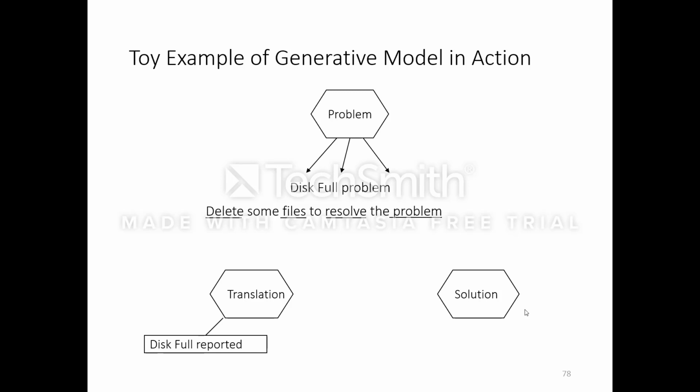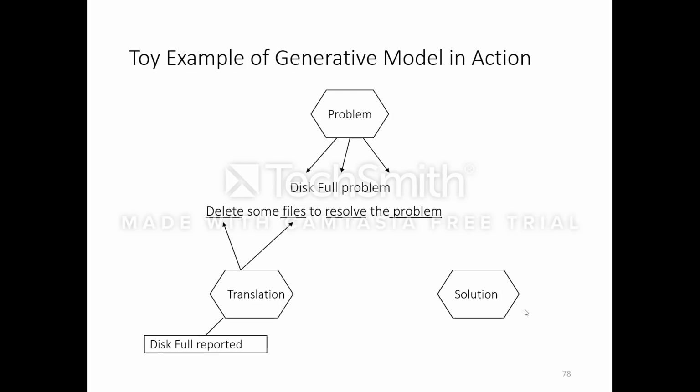And you have these two sources of words for the solution part. One is a translation model, which is conditioned on the words that are already chosen in the problem part, which is basically the translation model conditioned on disk full reported, which are the words chosen in the problem part. And then there is a solution language model.